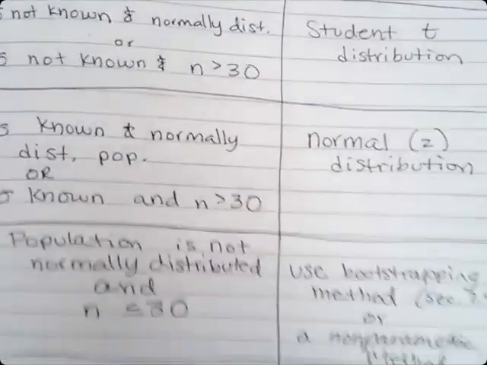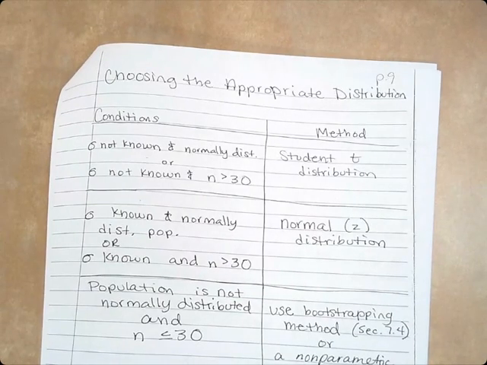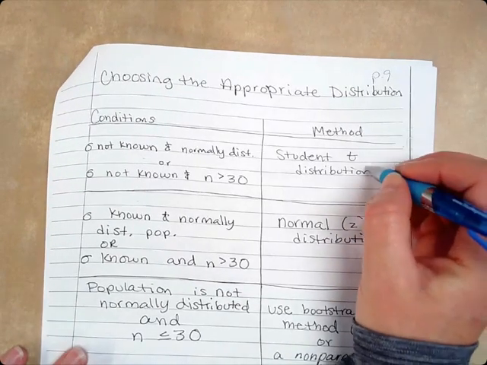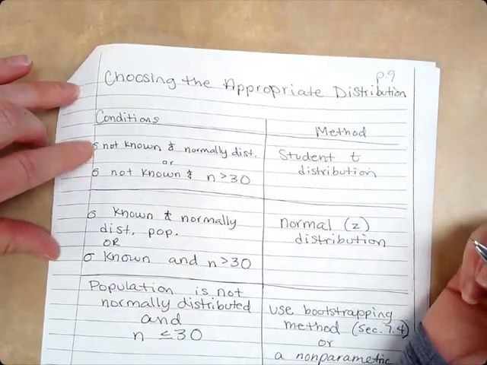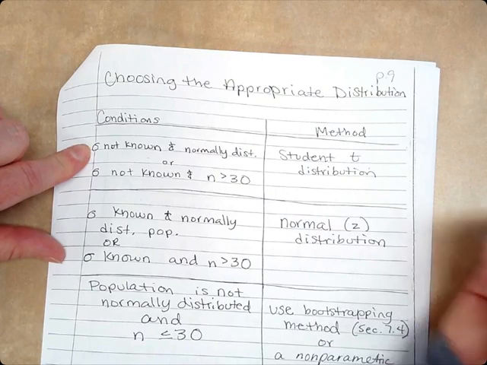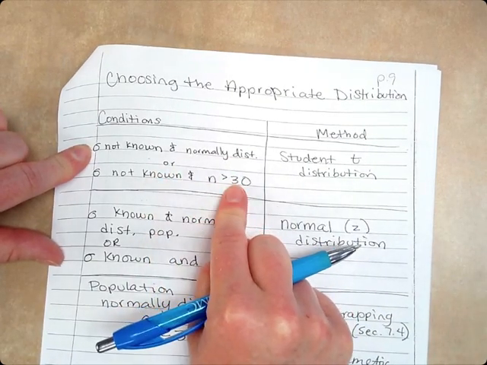Okay, we're going to skip that and go over here. Choosing the appropriate distribution. We'll use the T distribution whenever the population standard deviation is not known, and it's normally distributed or your sample size is greater than 30.